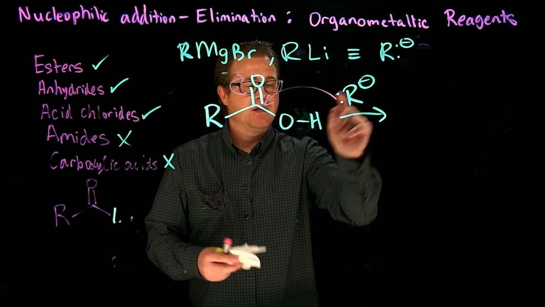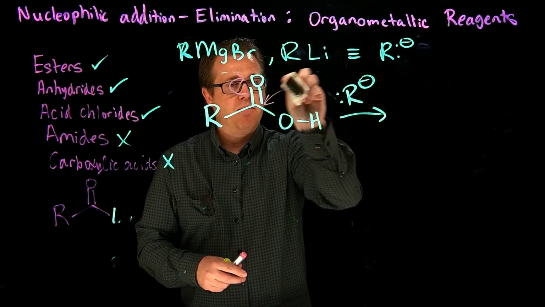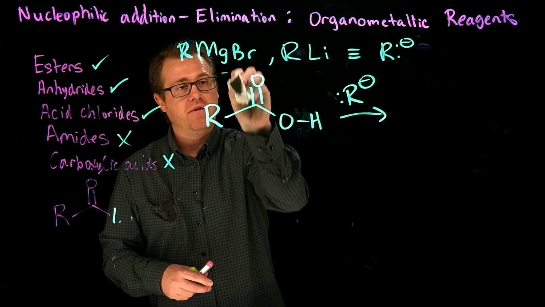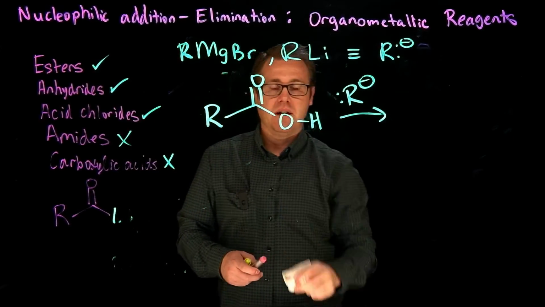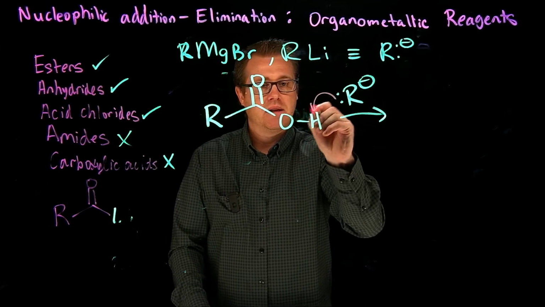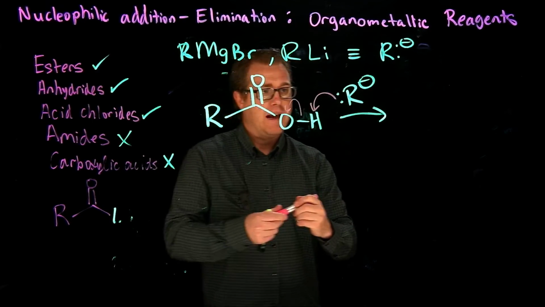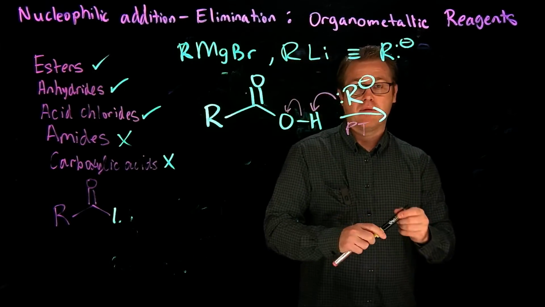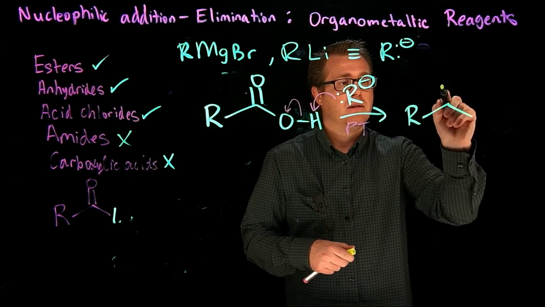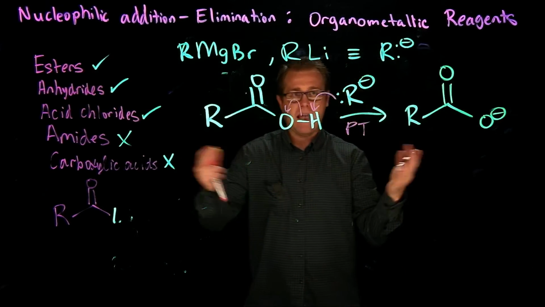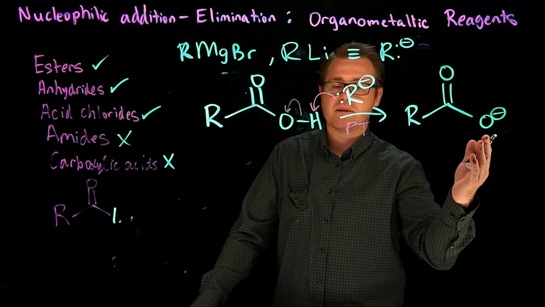So this is not going to act as a nucleophile when there's an acid present like that. And so what would actually happen is we'd get a simple proton transfer here, and generate this, our carboxylate, and then the reaction's dead. That's just where it stops.